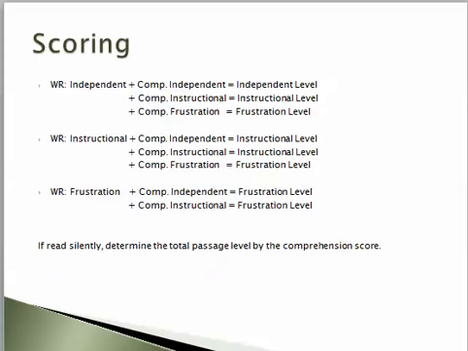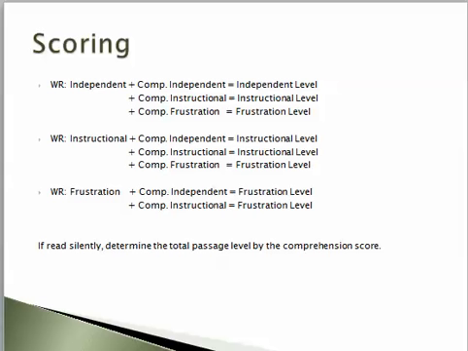Here is the scoring. The words read plus the comprehension question gives me my overall passage score, and that is what I'm looking for. I need the independent overall passage score, the instructional, and the frustration. If they scored independent on word recognition and independent on comprehension, it's still independent.